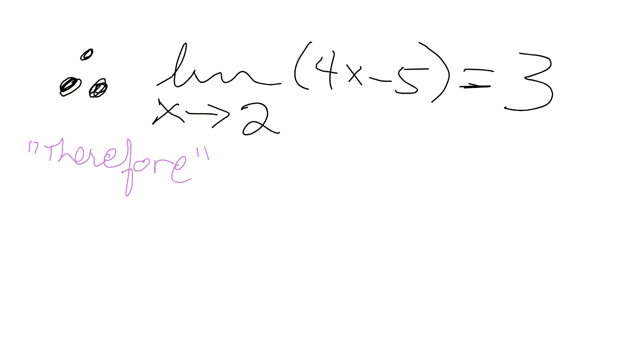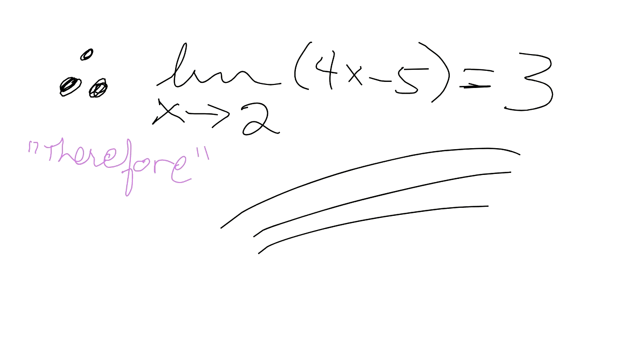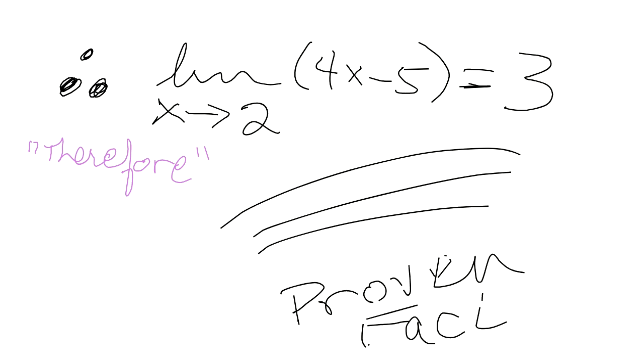And then 1.5 is the one that I care more about, because if you can do it for any epsilon, you could certainly do it for a specific epsilon. So if you take what I just did to prove this, this is a proven fact now because we proved it using the definition.